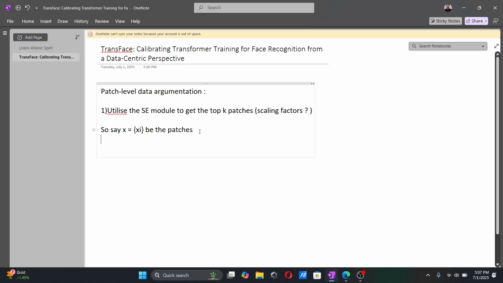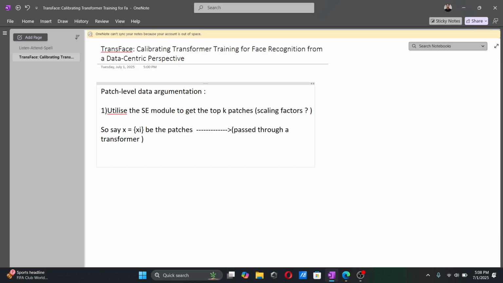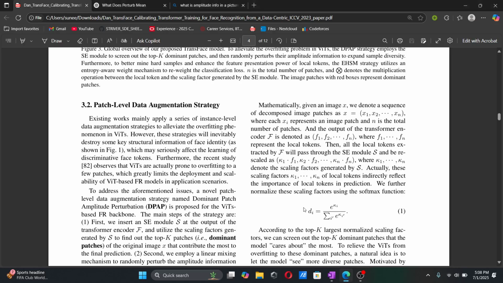Let's pass it to a transformer encoder. So now we have F. These are the outputs from the transformer, okay?